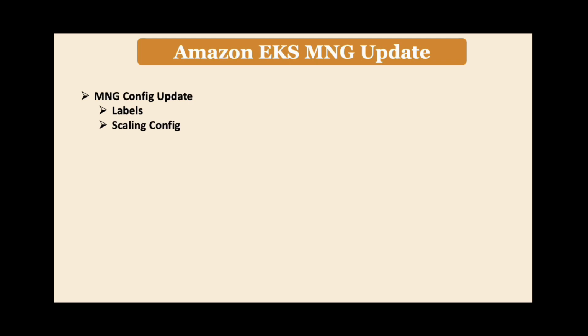So this is nothing to do with the AMI or the OS image. It's just the configuration for the node group. And the second type of upgrade is a version upgrade. This is where we talk about the AMI upgrade. Here we will be upgrading the AMI to the current EKS or Kubernetes version at which the cluster is currently configured, right?